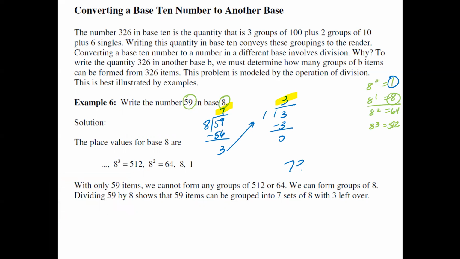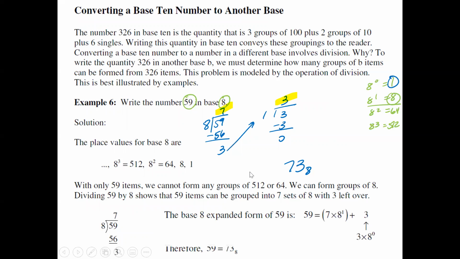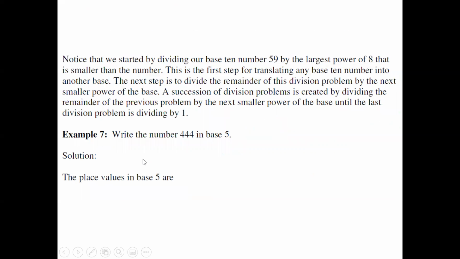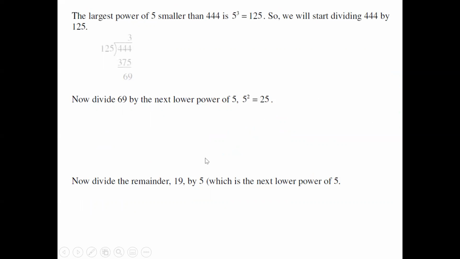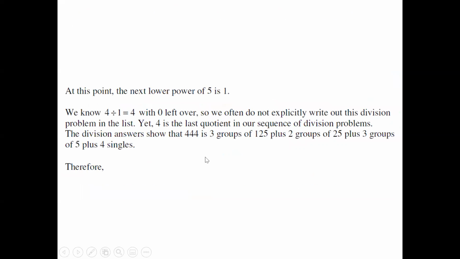So it will be 73 in base 8. Therefore your answer will be written in this format. Same thing over here with 44. You're going to be dividing it, and therefore your answer is going to be right here.